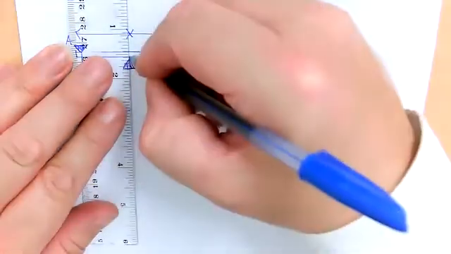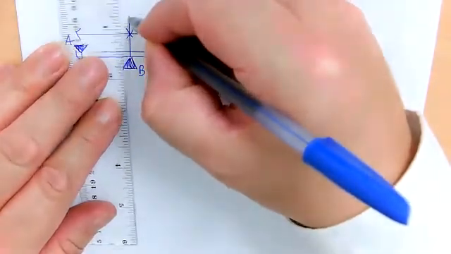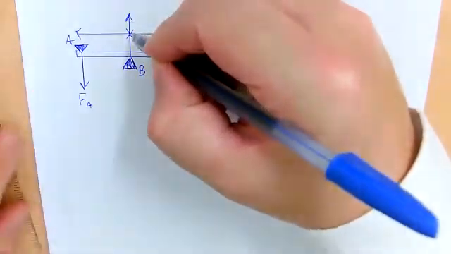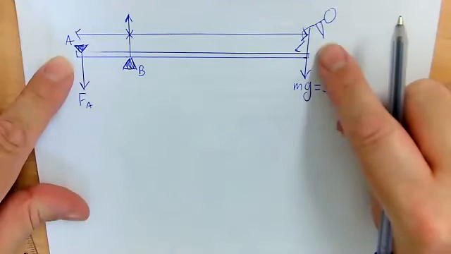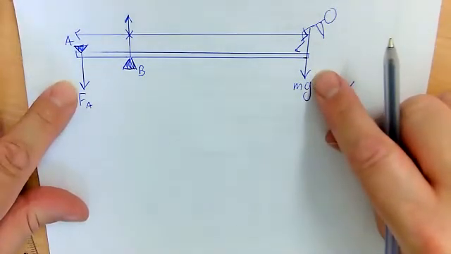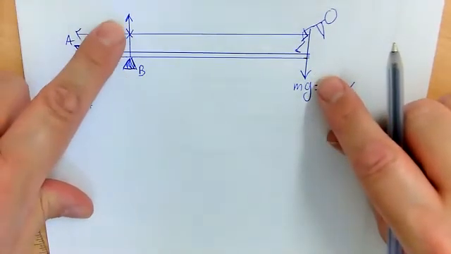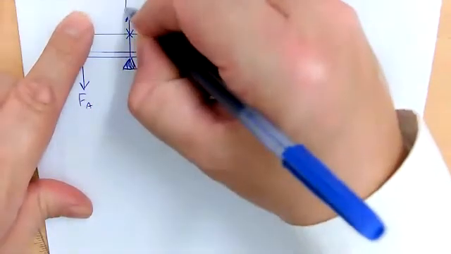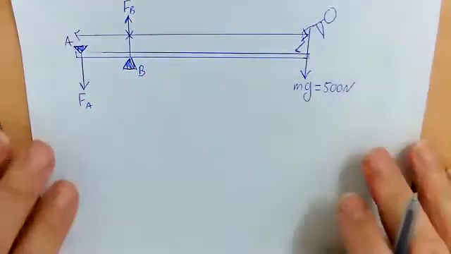If there is a force downwards from both of these sides, for the whole thing to be in equilibrium, there must be a force upwards from here. So I'm going to call that FB.